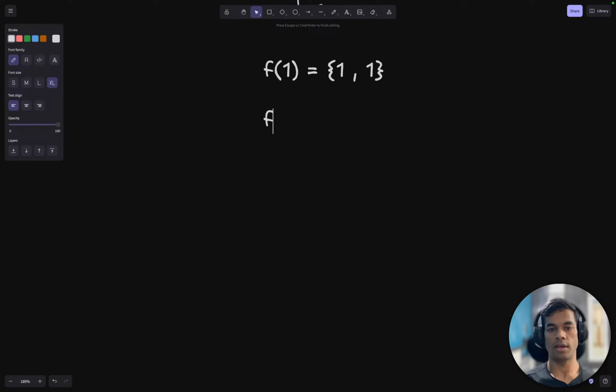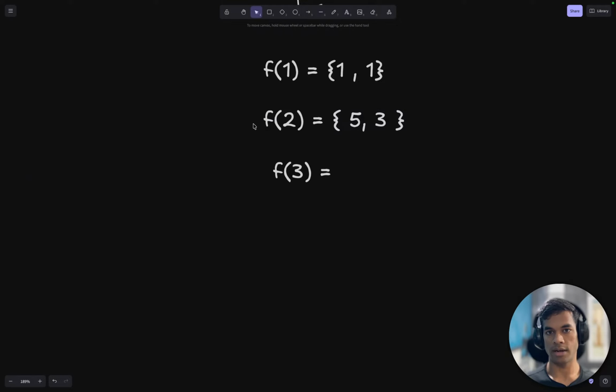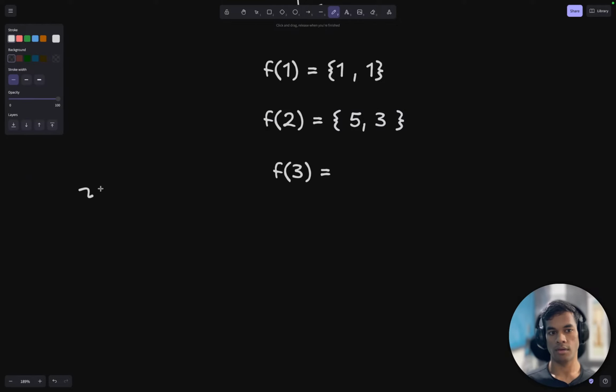And then f2 would be equal to 5 comma 3, and then f3 would be equal to 4 times 5, that is 20, plus 3, 23.